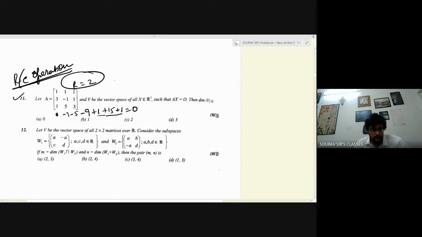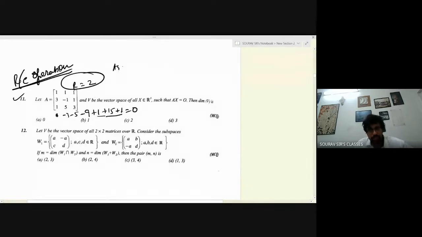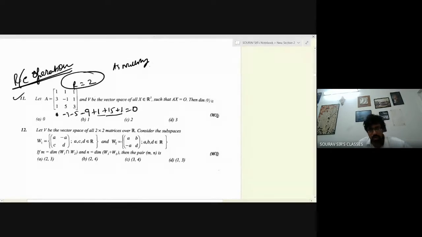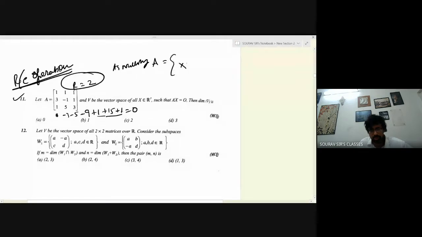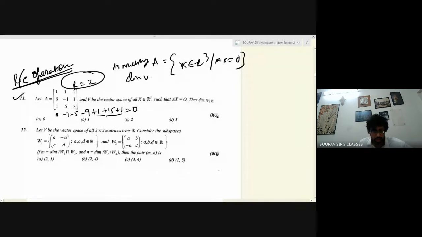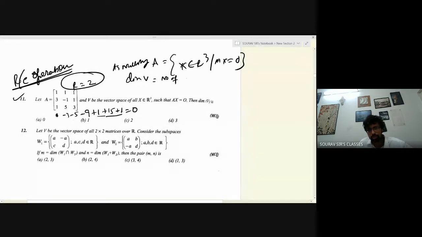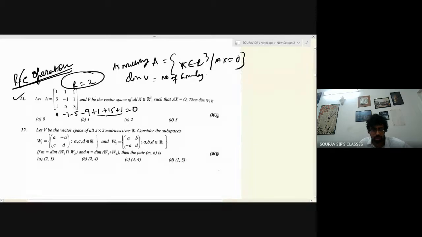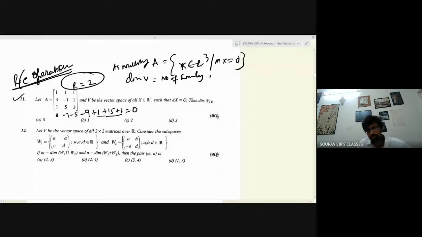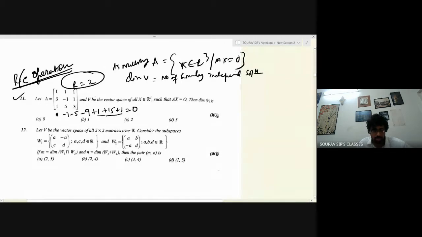Okay, as the nullity of A is given as X, three-dimensional plane, X equal to 0, and dimension of V equals the number of linearly, what is dimension? Number of linearly independent solutions of the homogeneous system of equations.